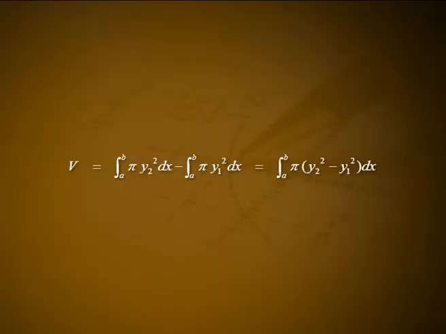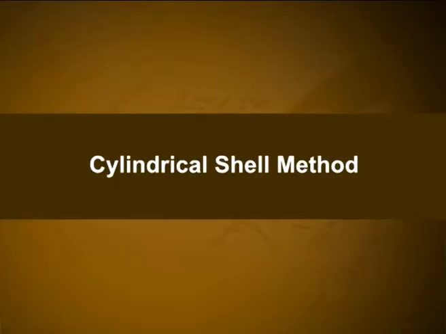Thus, V is equal to integral from a to b pi y2 square dx minus integral from a to b pi y1 square dx, which is equal to integral from a to b pi into y2 square minus y1 square dx, where y2 and y1 are the ordinates of the upper and lower curves.